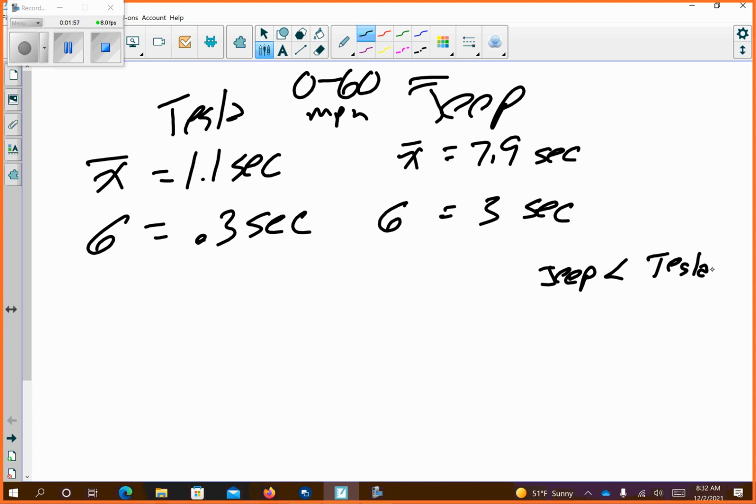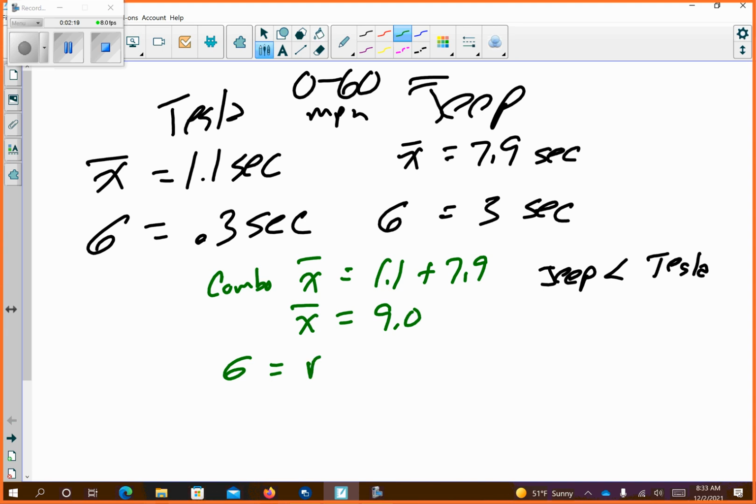So I want to figure out the combo mean. Combo mean is just basically 1.1 plus 7.9. So the combo mean is 9. Is that right? And then the combo standard deviation, this is where I need some help.